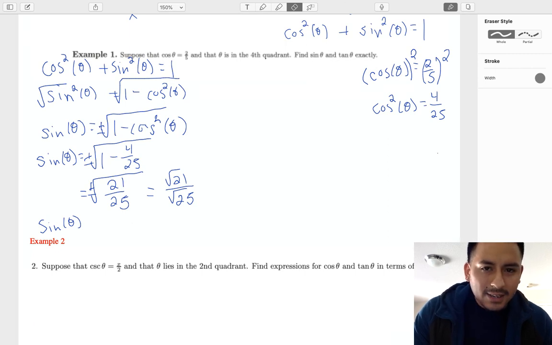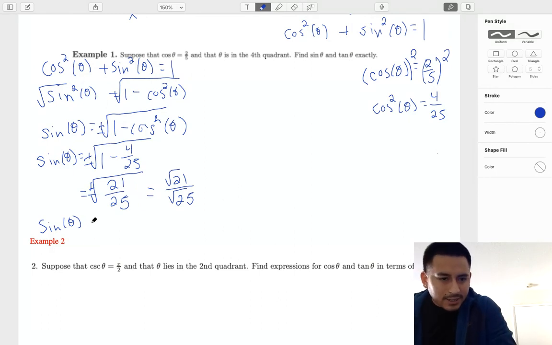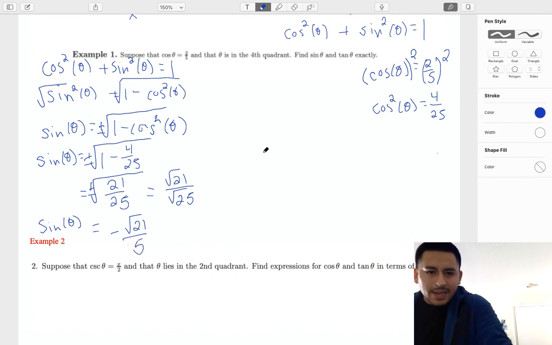I'll rewrite it. Okay. So we're going to get that sine of theta is equal to negative square root of 21 divided by 5.